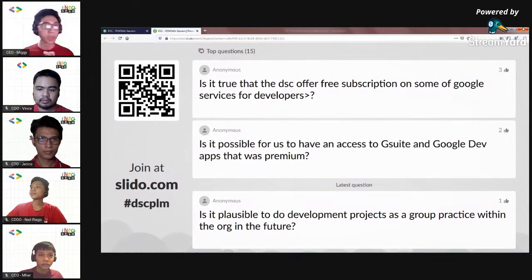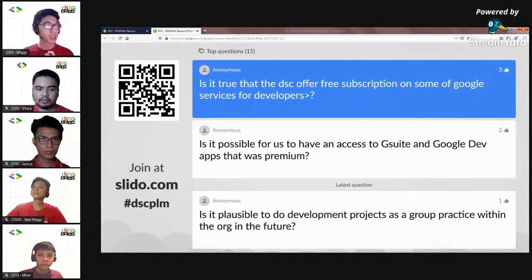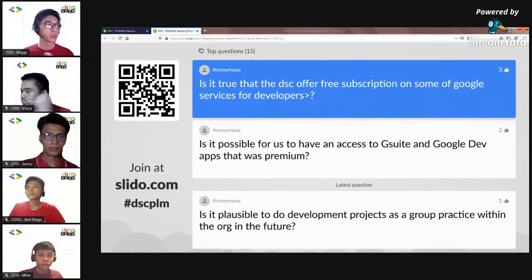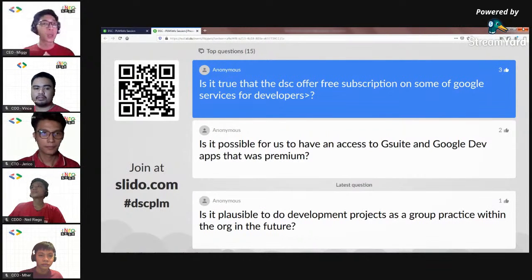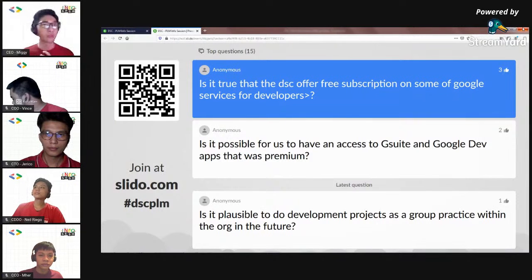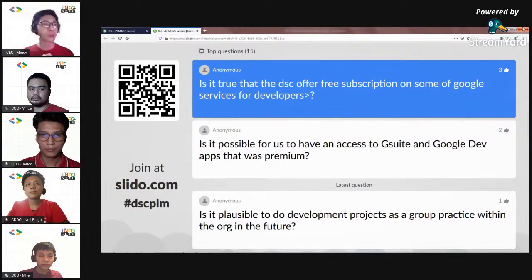Yeah, maybe this one. Is it true that DSC offers free subscription on some of the Google services for developers? We are going to apply to, which means we are doing our best to give all interested members those subscriptions. Right now, as we speak, we are looking for ways to accommodate that kind of need for everyone.